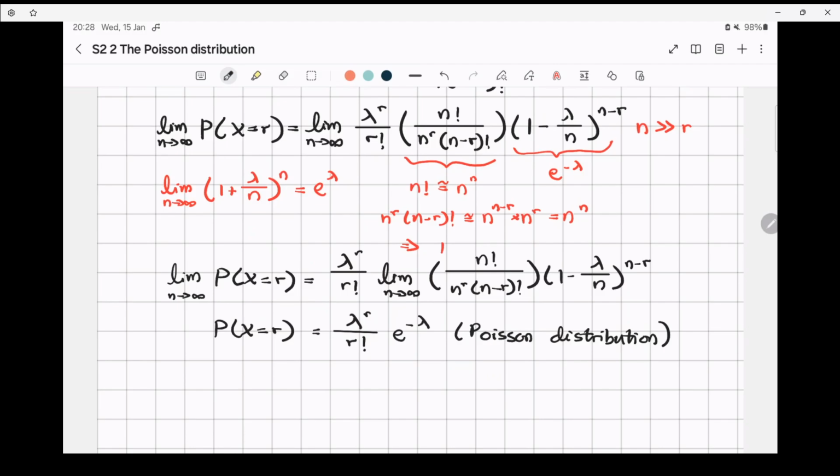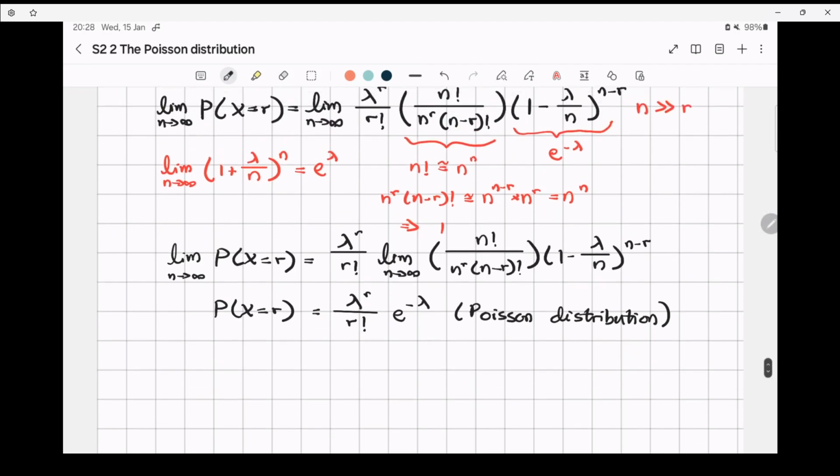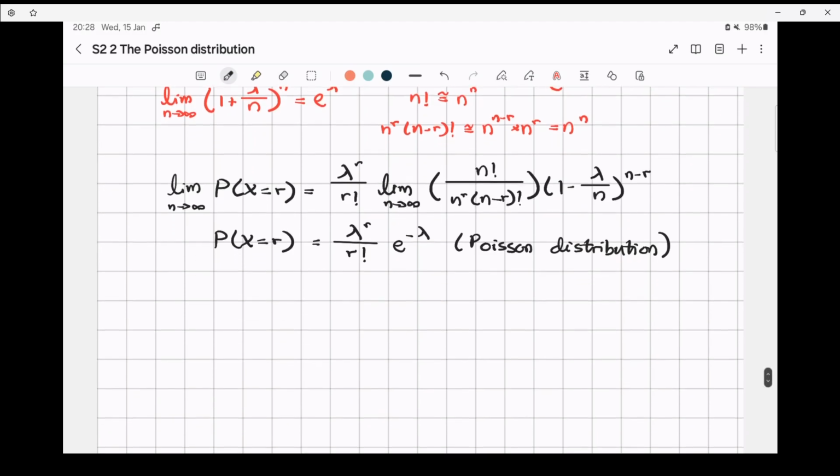Therefore, you can say that the limiting case when n is very large for binomial distribution, it approximates to Poisson distribution. Okay? Of course, as I said, this particular evaluation is not as accurate. If you want to really approximate n factorial, you should use the Stirling approximation, which is not covered in this particular syllabus.